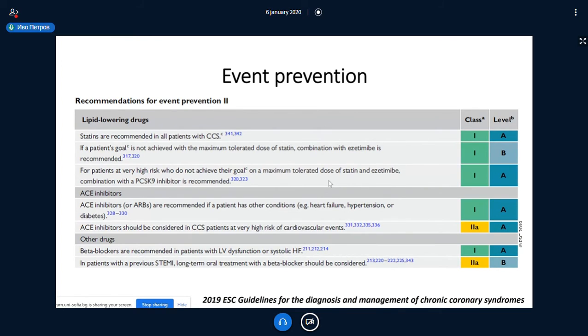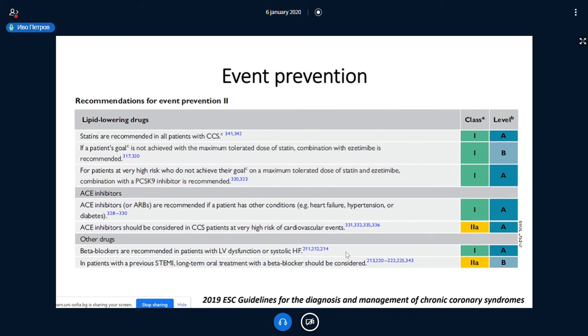These two medications, in patients who not only have coronary artery disease but already have heart failure based on coronary artery disease, improve the prognosis with the reduction of heart failure and cardiovascular events.